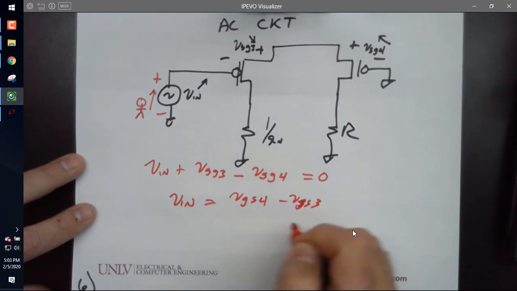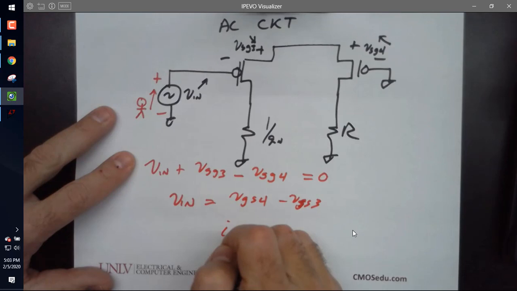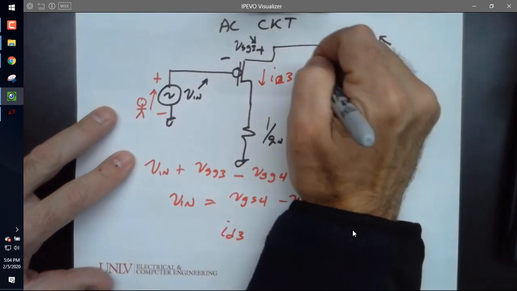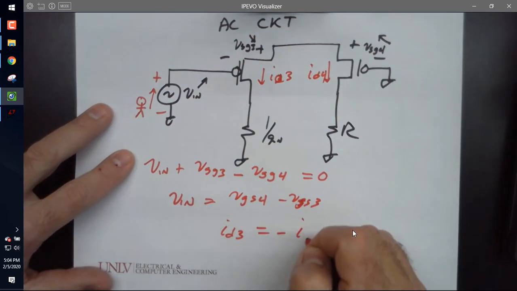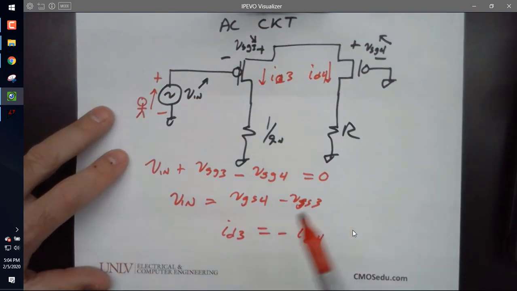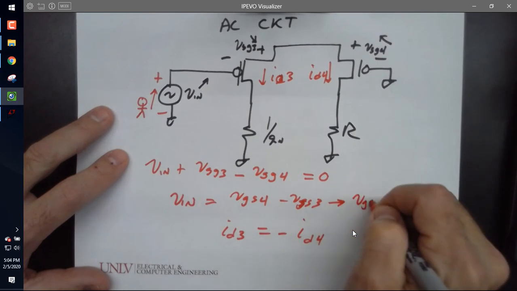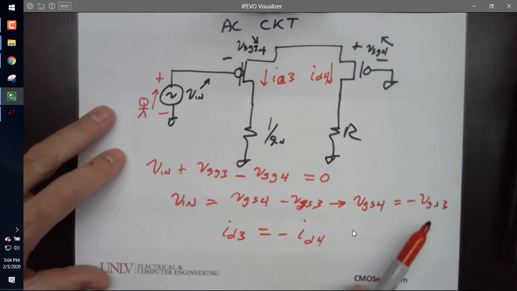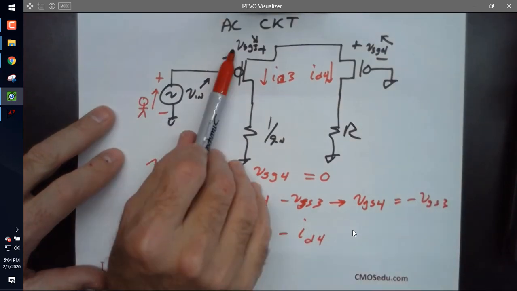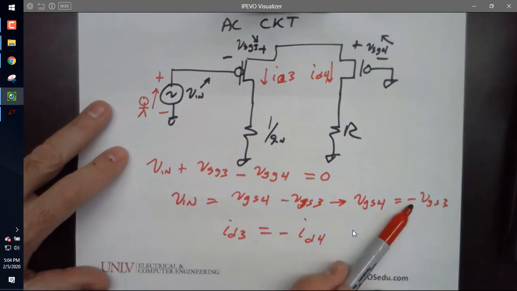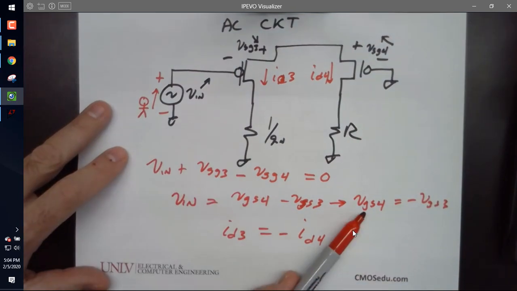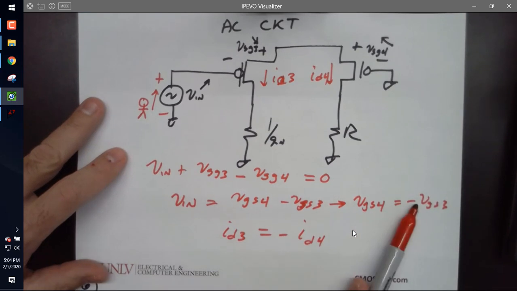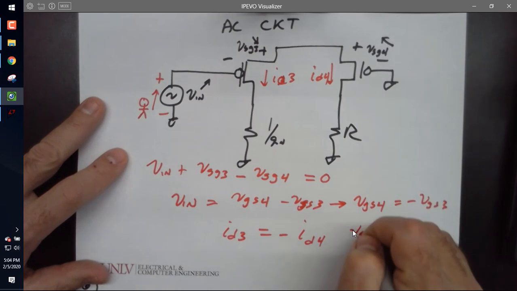So this says that because ID of 3 is equal and opposite to ID 4, that these two are equal, that VGS4 is equal to minus VGS3. Note that if VGS3 is minus 1 millivolt or half a millivolt, then minus means VGS4 is plus 1/2 millivolt. Does everybody see that? So it doesn't matter. I can put the minus sign over here. I could also write VGS3. Don't get confused on that.